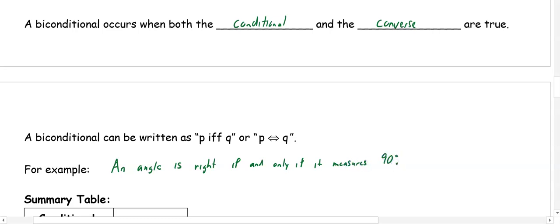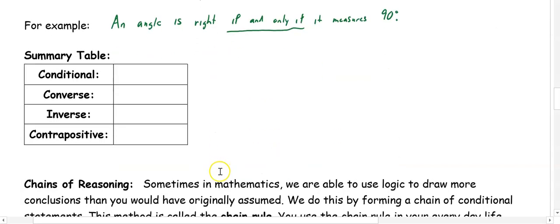So remember, what happens here in a biconditional is we put if and only if in, and we take out if and then. So as a quick summary, your conditional statement goes from P to Q, your converse goes Q to P, your inverse is not P to not Q, and your contrapositive is not Q to not P.